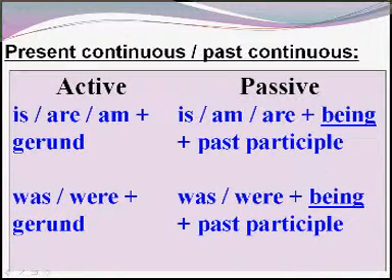Of course, this sentence is in the present continuous form. What about the past continuous form, which is usually was or were plus gerund, I mean verb plus ing? In the passive form it should be was, were plus being plus past participle.